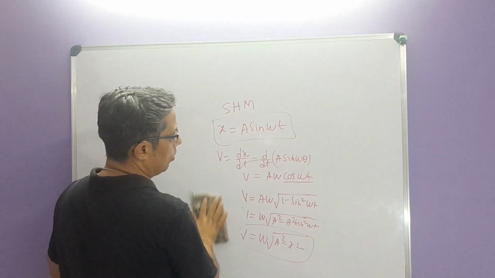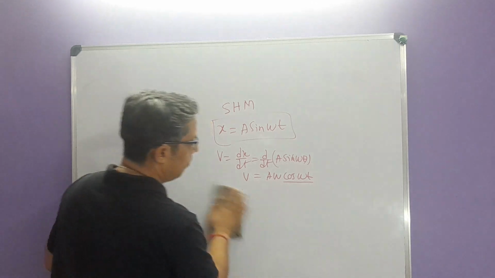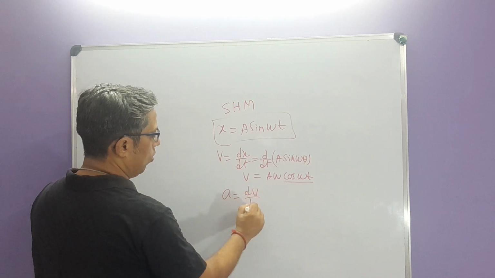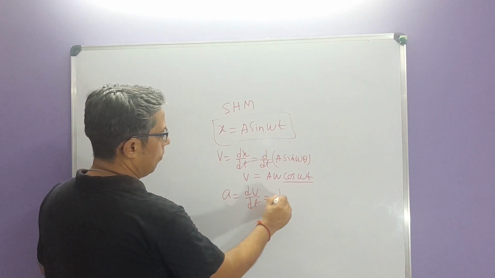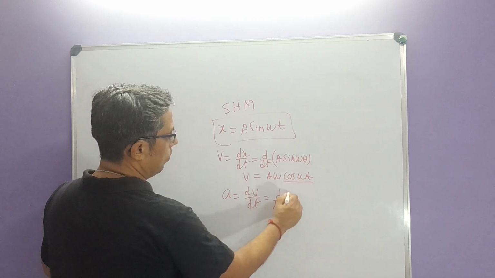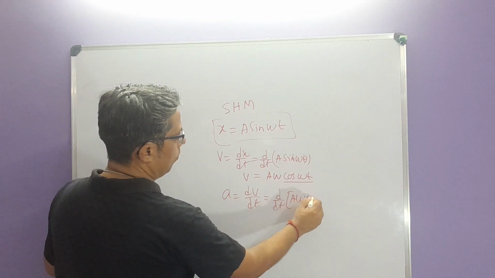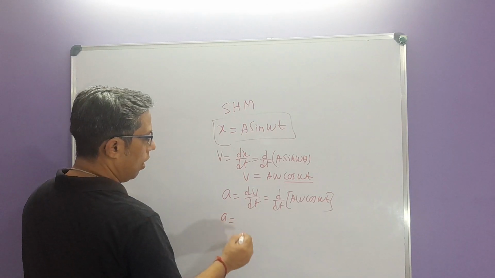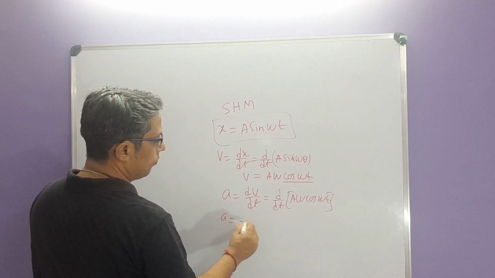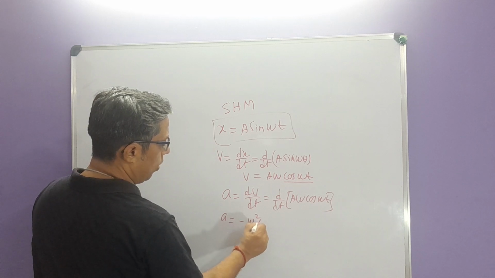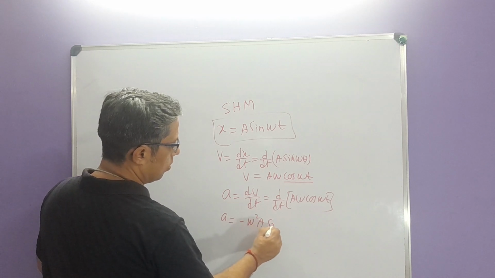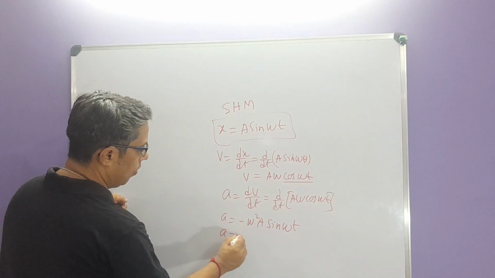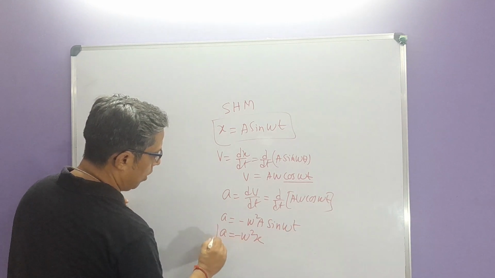Fine. Now next is the acceleration. What will be the acceleration? If this is the velocity, acceleration is the rate of change of velocity with respect to time. That means d/dt of a omega cos omega t. So a is equal to minus omega square a sine omega t, or you can write a is equal to minus omega square x, right?